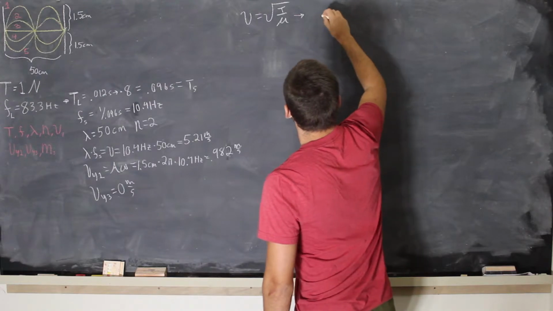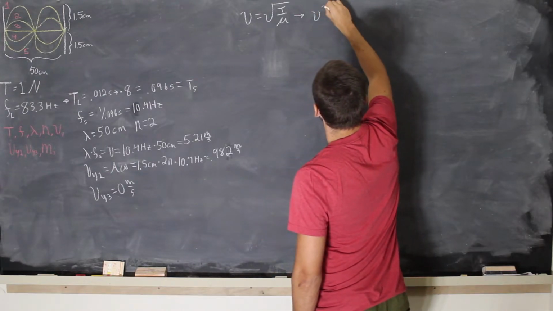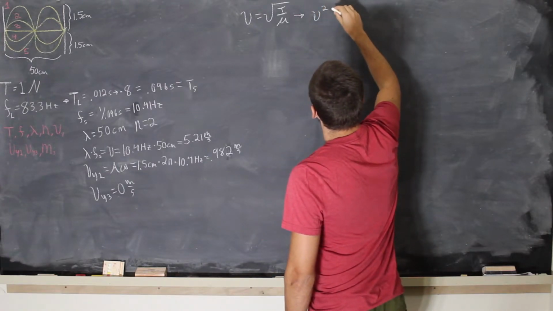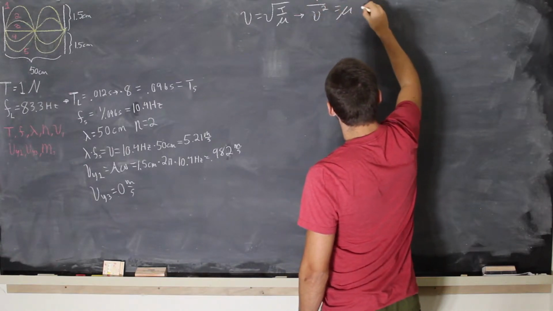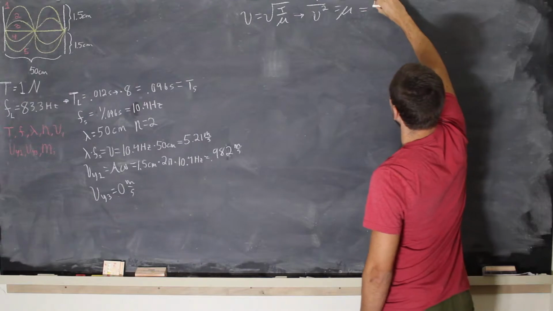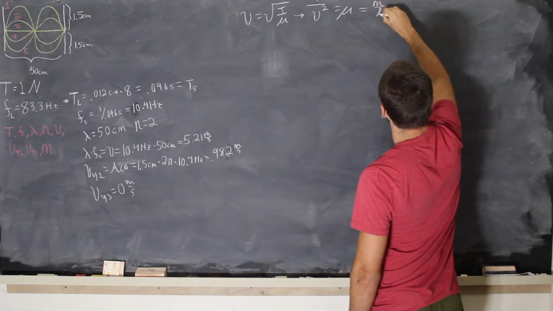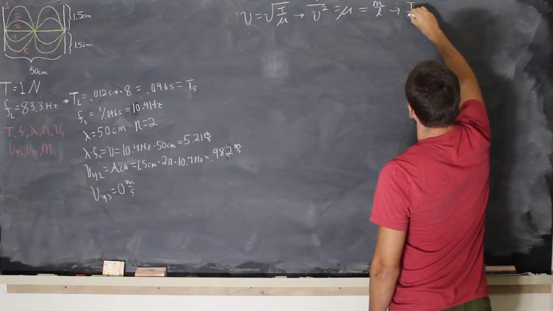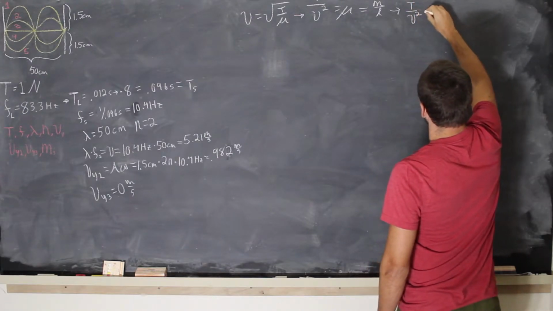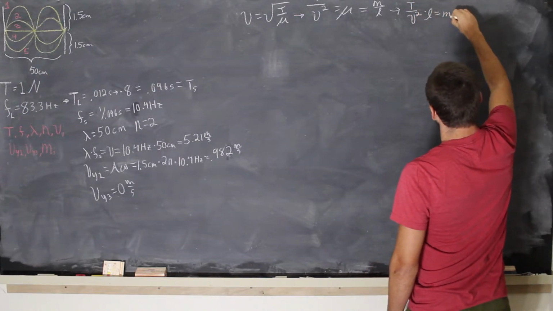And then we're going to do V squared over T equals mu. But mu is equal to mass over the length. And so we're going to have T over V squared times length equals mass.